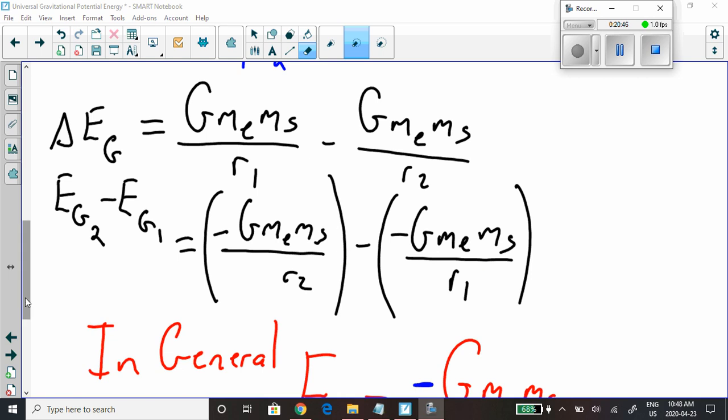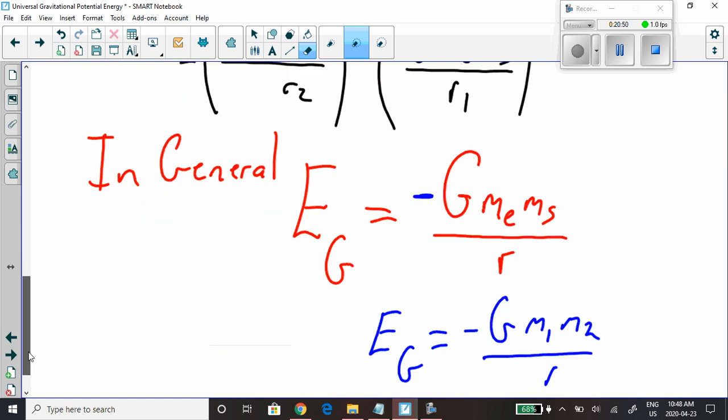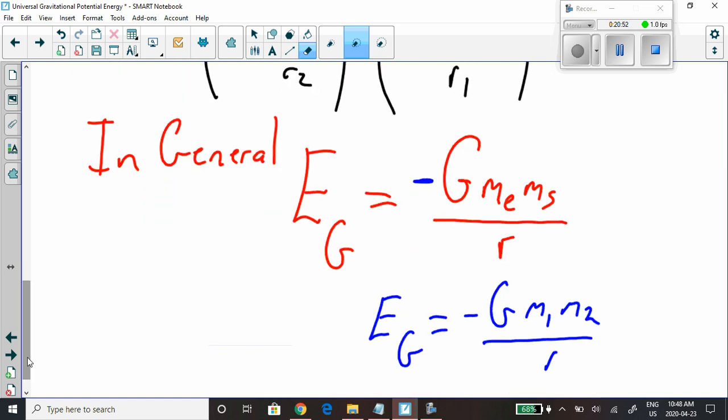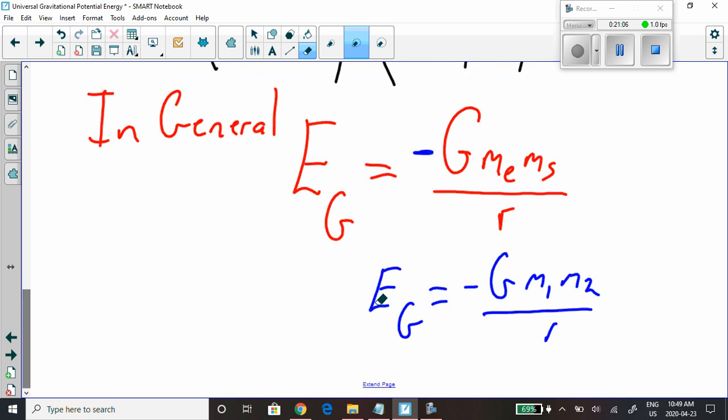But this has really changed the ball game here, because this leads to this situation right here. The universal gravitational potential energy then has to be a negative value. Look, a negative value, subtract a negative value. By its very definition, here's an equation you need to put in your equation sheet.